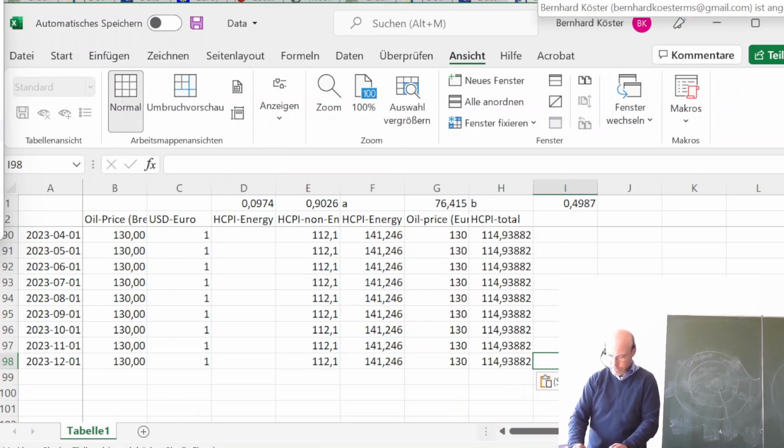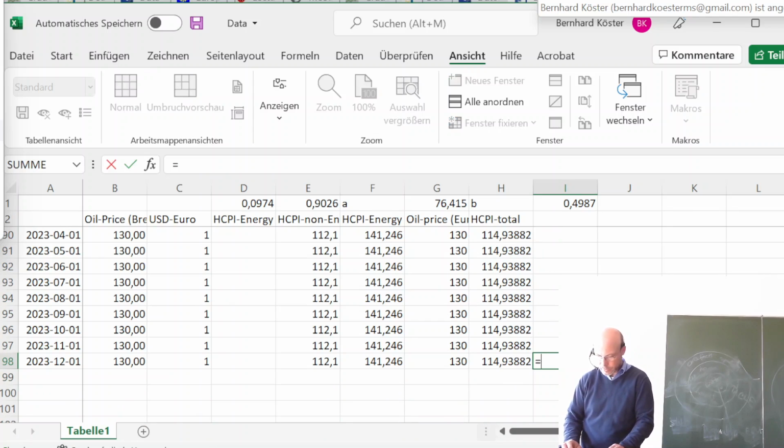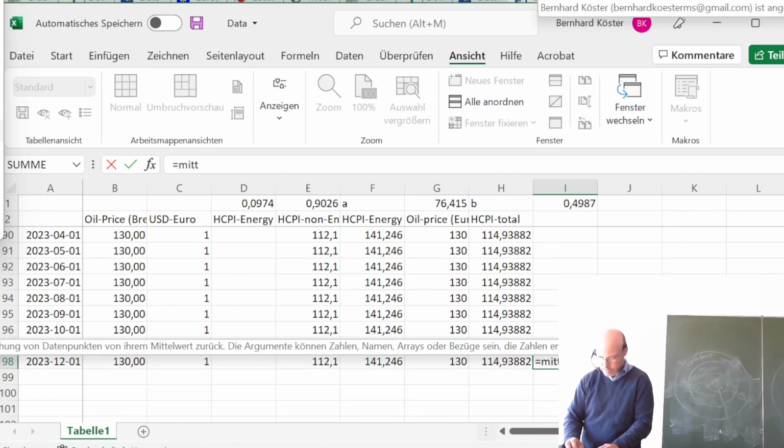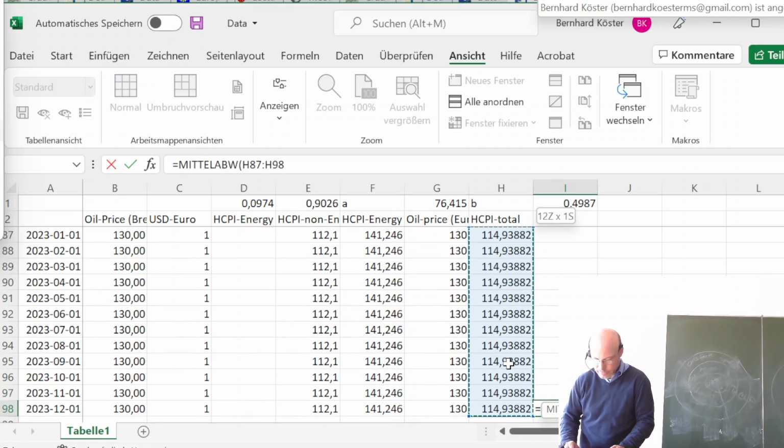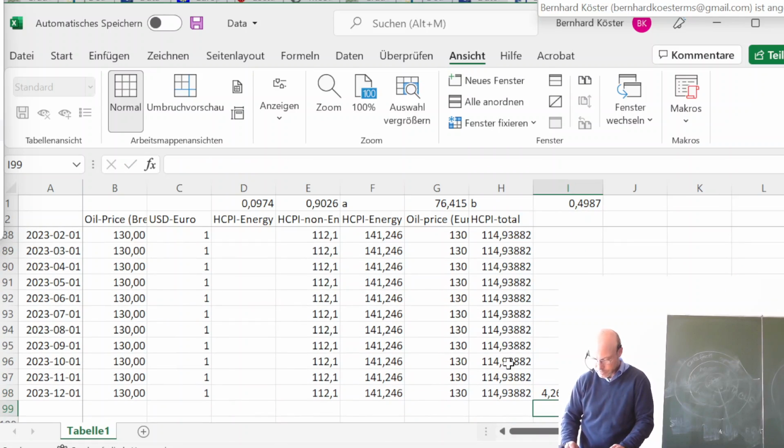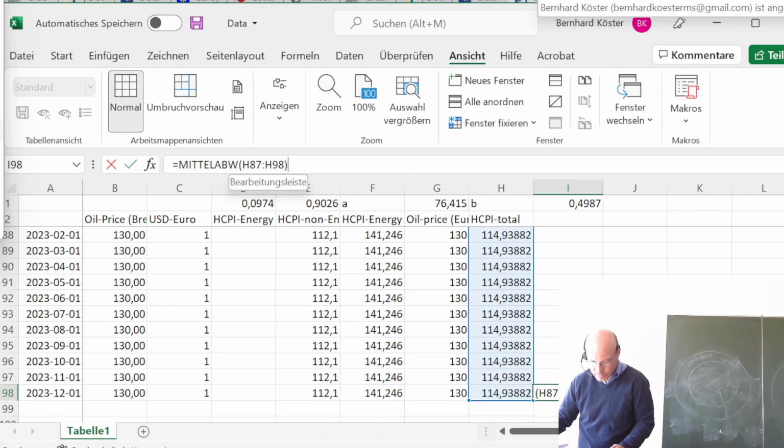And so we obtain equals average for 2023 is of course here the same. Up, not Mittelwert.